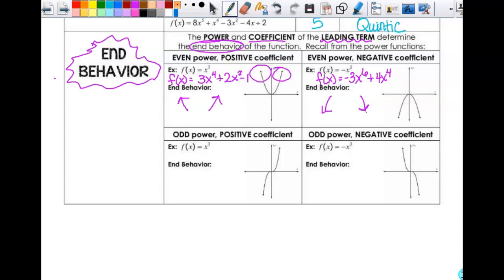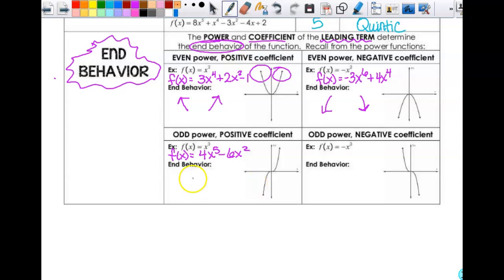Odd power positive coefficient, so f of x equals 4x to the 5th minus 6x squared. Totally does not look like that picture over there. But I do have a positive coefficient and an odd exponent.